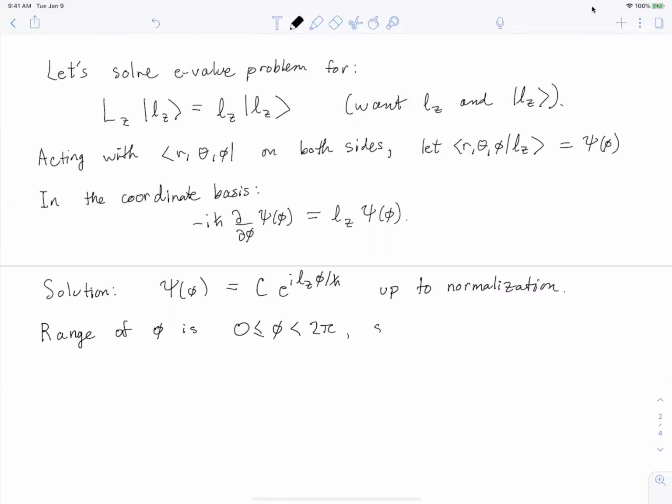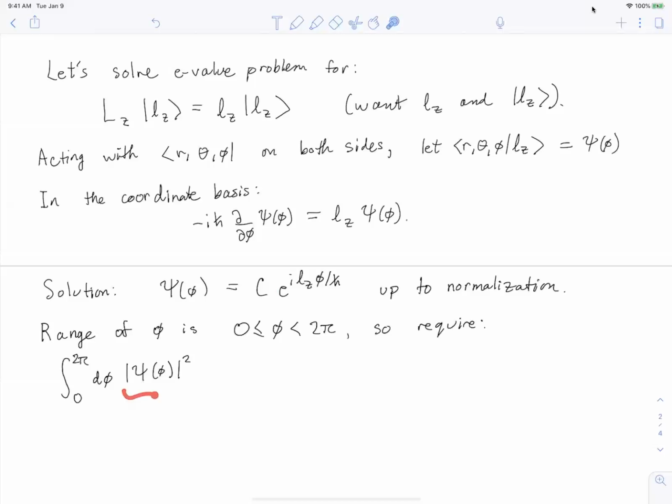So let's require this thing to be normalized. That says if we integrate over 0 to 2 pi of d phi times psi of phi squared. But psi of phi squared here is just this constant c times a phase. And when we take the complex square, the phase goes to 1.